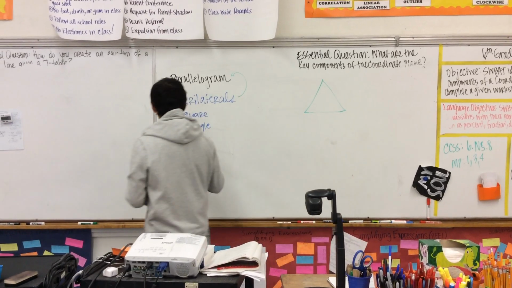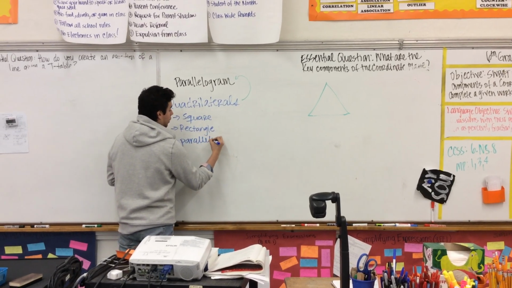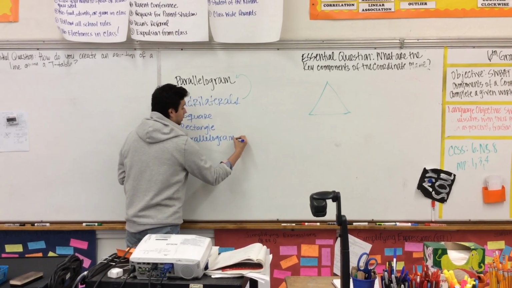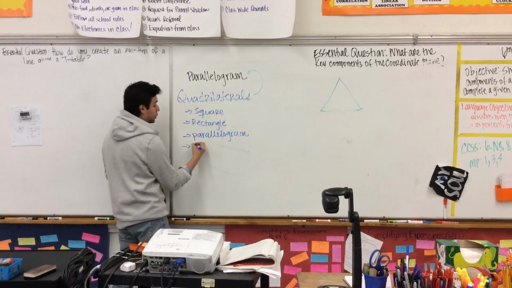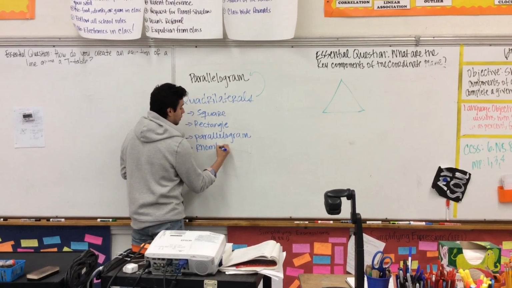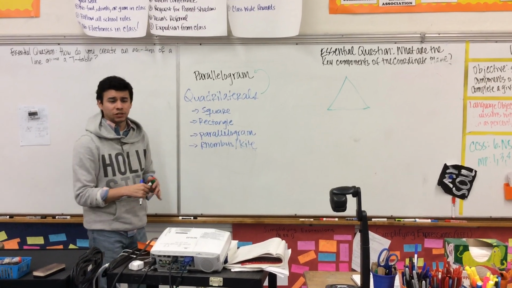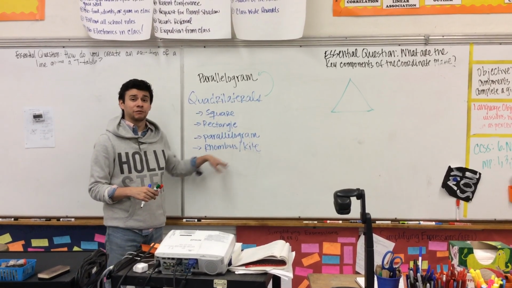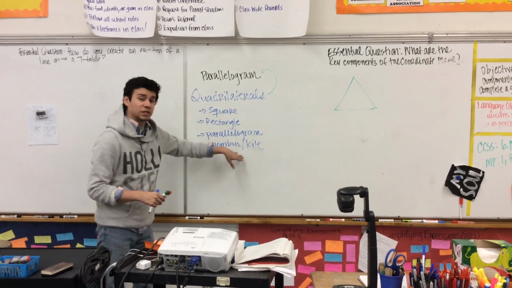So we have parallelogram as one. That's one of them that you're going to learn. That's video 1. In video 2, I'm going to introduce you to the shape called a rhombus, also known as a kite. When you go to geometry in high school, you're going to notice there's a big difference between them, but for 6th grade, right now we just say they're the same.